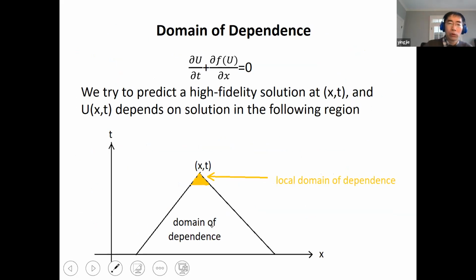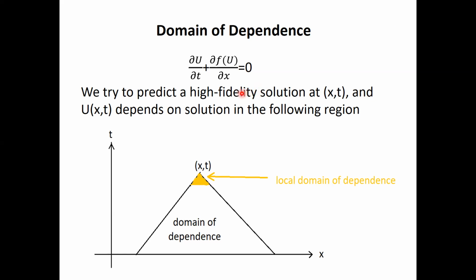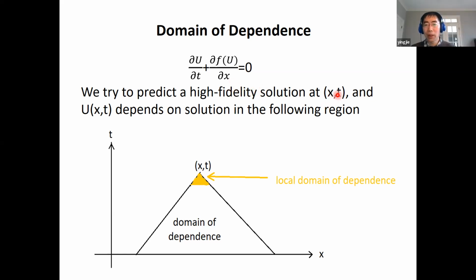So we try to predict a high-fidelity solution at a space-time location, let's say (x,t). And let's say the model equation is a conservation law. In order to predict the solution at this location, we need to figure out the domain of dependence, right? Because you need to figure out what kind of information you need to predict the solution at this point.